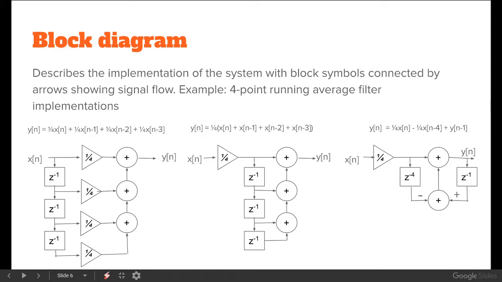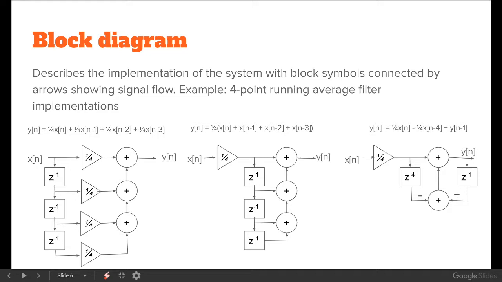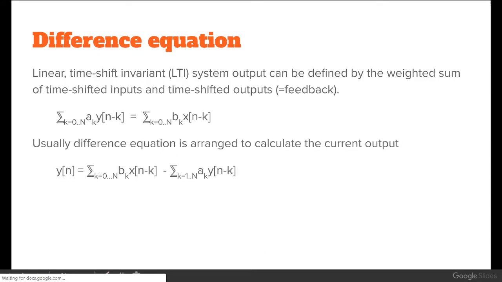Although, that z to the power of 4 requires one more memory element. So here we have 5 memory elements compared to 3 memory elements there. But we are down to 2 additions compared to 3, and 1 multiplication. Easy. So this block diagram is the way to implement the difference equation.